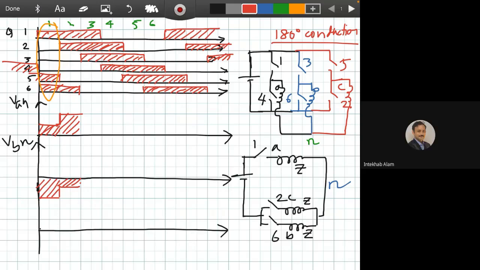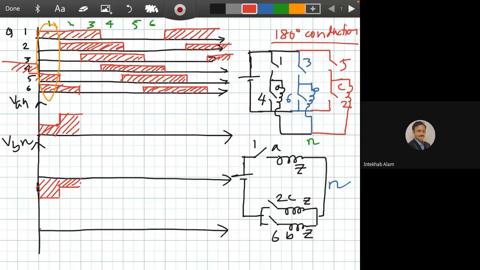What will be the value of total resistance of this circuit? If we just consider this as R, what will be the total resistance of this circuit? R plus R parallel R, sir.